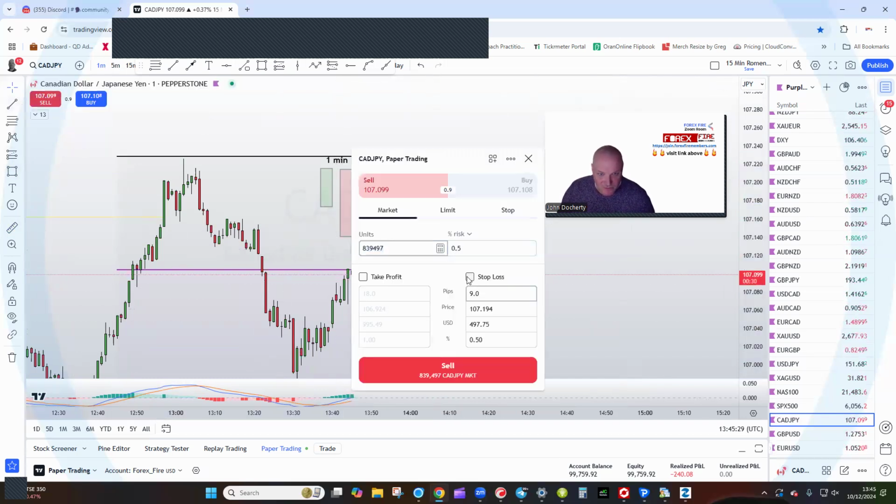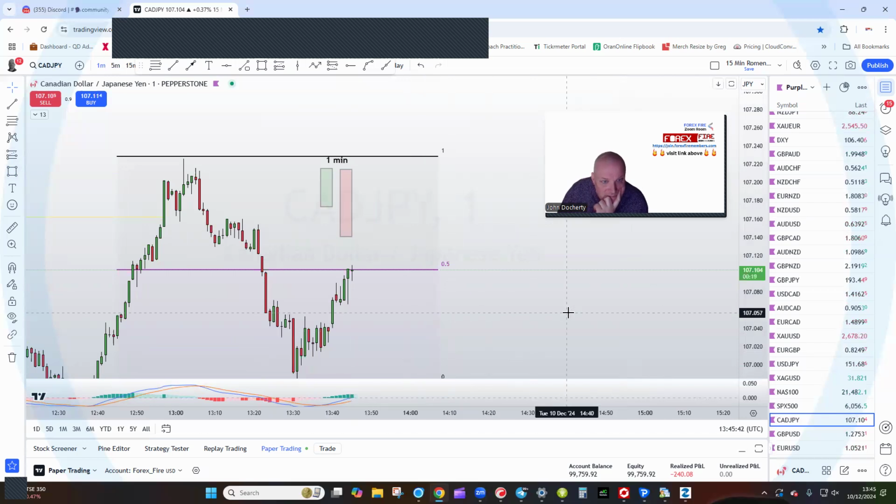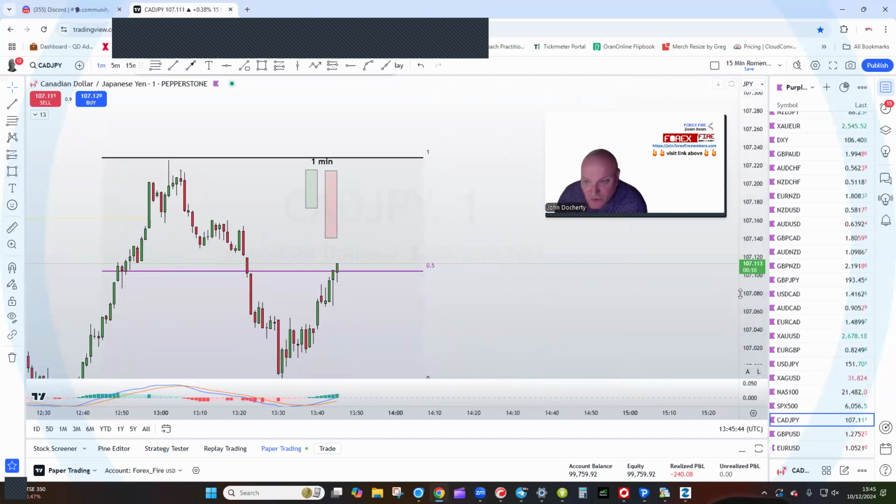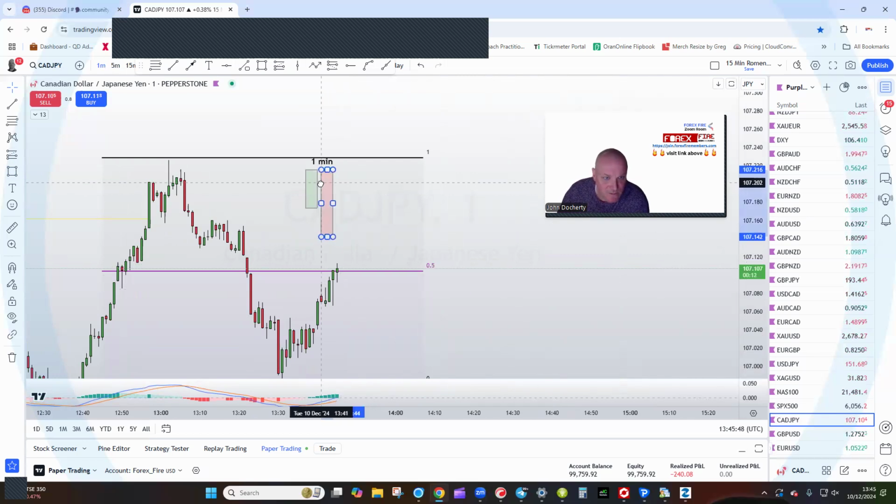So if I do this at 15, this at 30, it's not going to engulf it though. It's starting to push further up, which works better for us, to be fair.